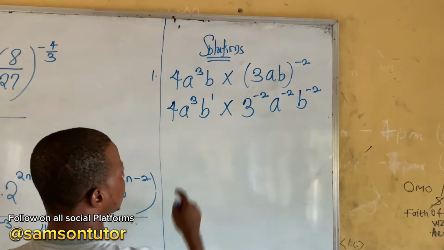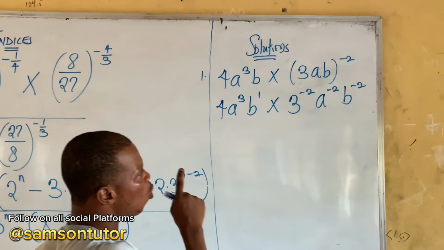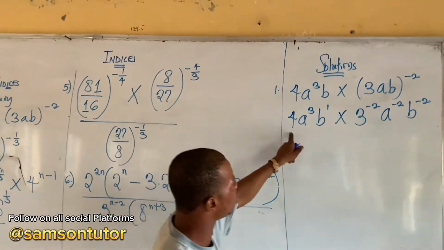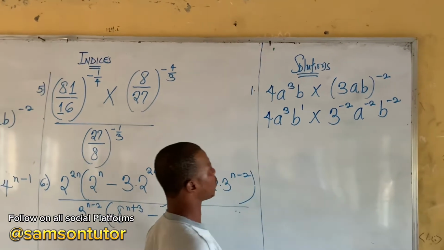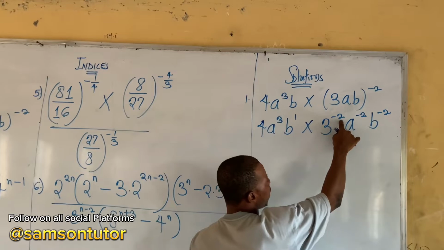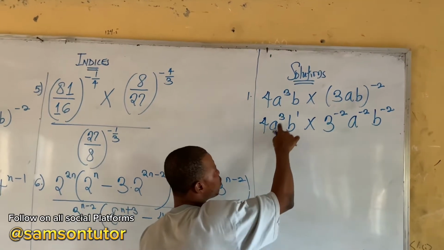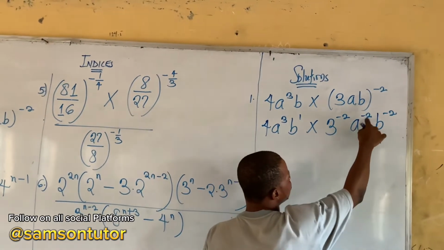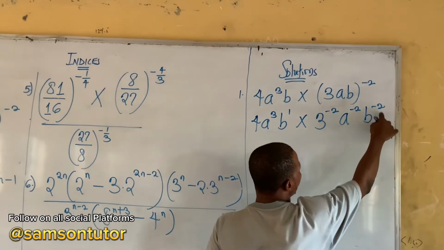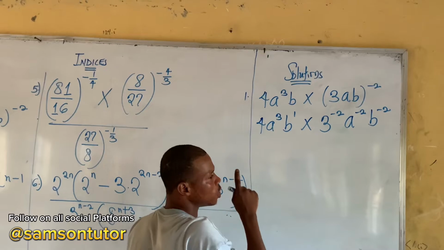Now, we'll take it one after the other, those ones that belong to each other. At first, we can take it like this: 4 times 3 raised to power minus 2, we have a raised to power 3 times a raised to power minus 2, and we have b raised to power 1 times b raised to power minus 2. That is what we are going to do one by one.